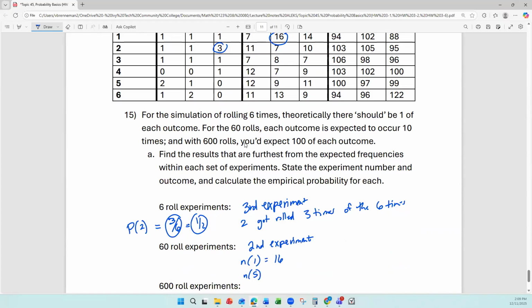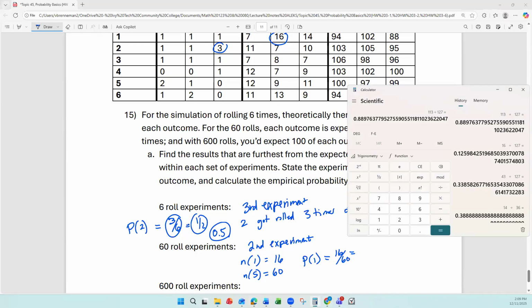This is out of 60 rolls. So the probability of rolling a 1 based on that is 16 out of 60, which is, so this would be 0.5 in decimal form. This will be easier to compare. 16 out of 60 is 0.27.